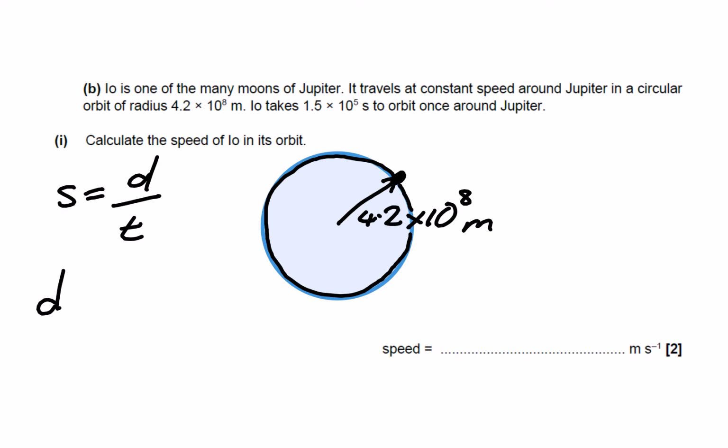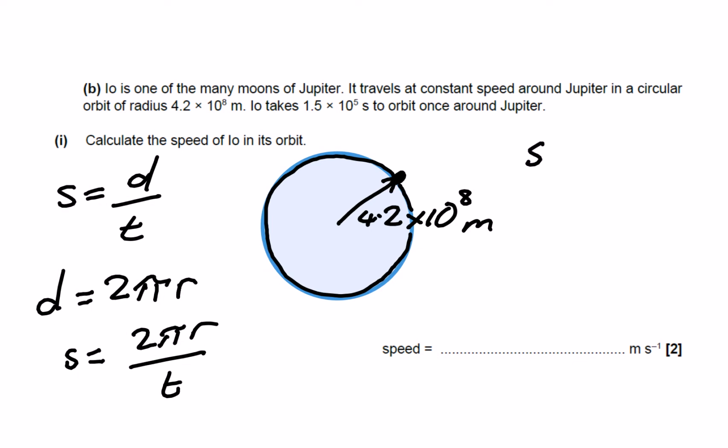So the distance is equal to the circumference, which equals 2 times pi times the radius, and therefore the speed is going to equal 2 pi r over t, and if we substitute our values into that, that will tell me that my speed is going to be 2 times 3.14 times 4.2 times 10 to the 8, let's start that again.